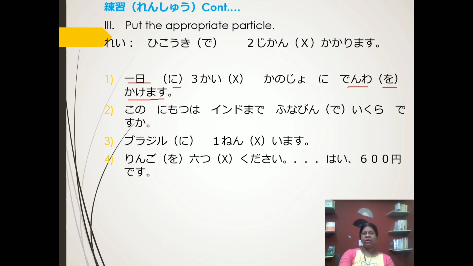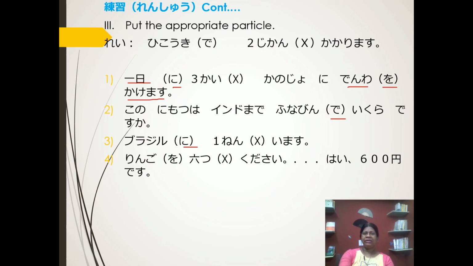この荷物はインドまで船便でいくらですか? 船便で. 船便 is a means; when we use a means to perform some action, it takes the de particle. 3番ブラジルに1年います.